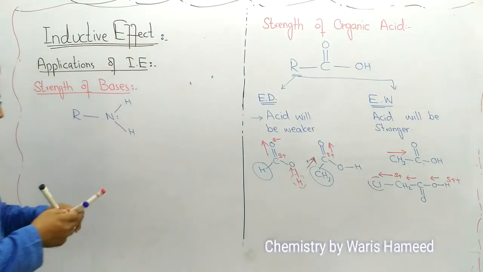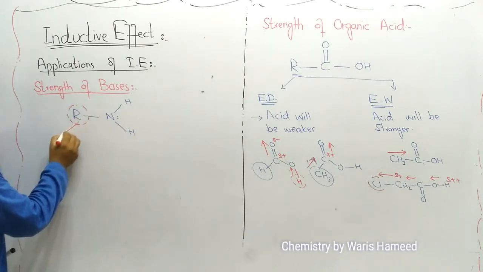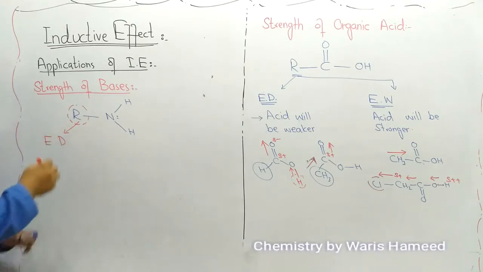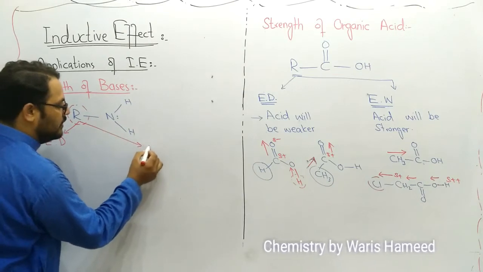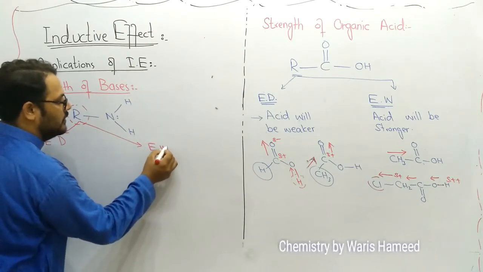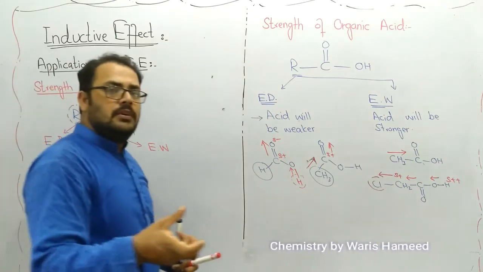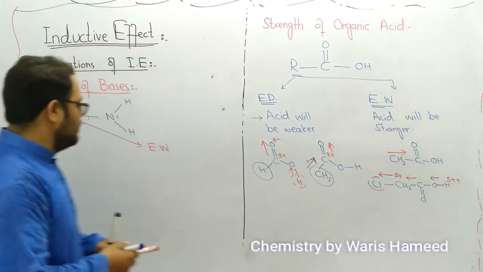In this case, this alkyl group is either electron donating or electron withdrawing. If we use an electron donating group, then it increases the basic character of that compound.